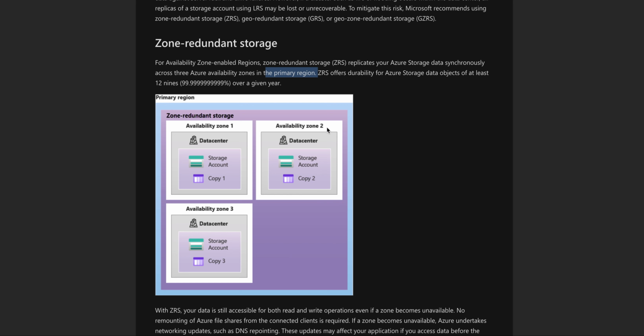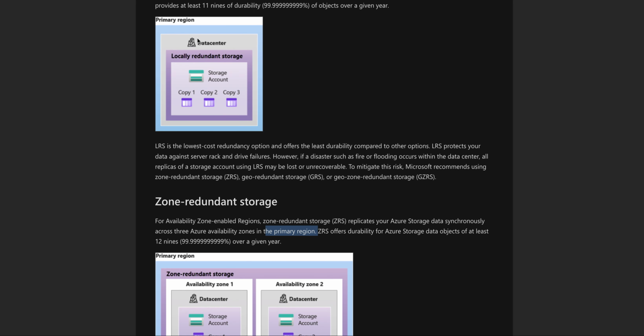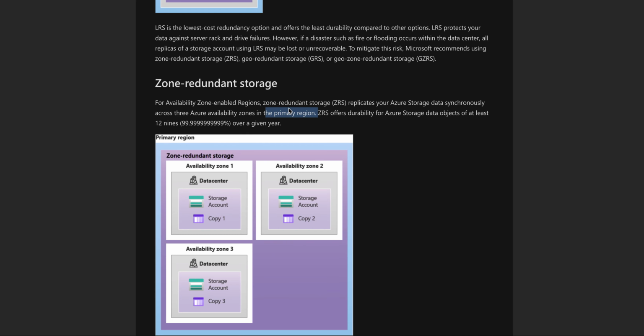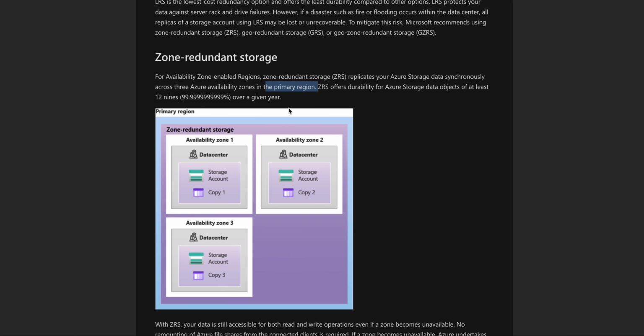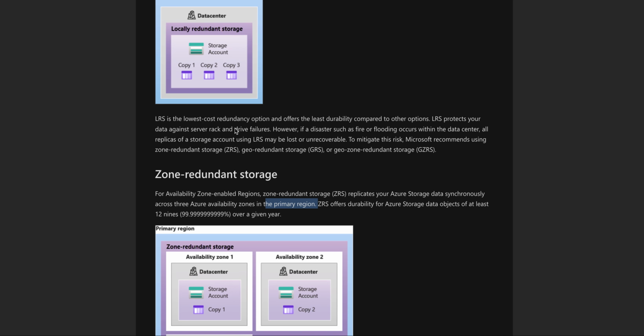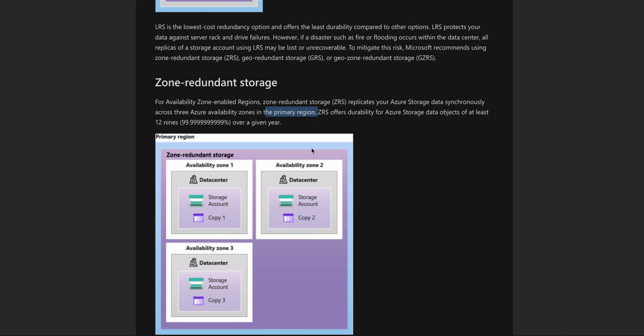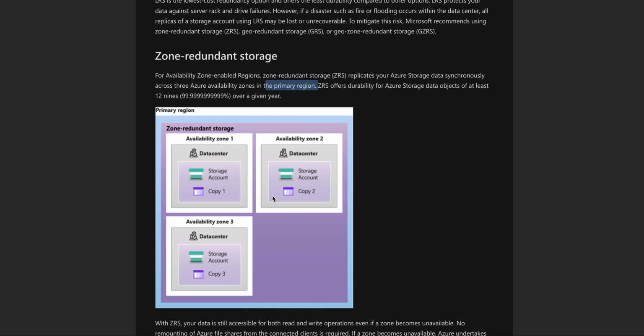So you have a primary region, a geographical region, and in that region you have 3 availability zones, and as seen in the picture, they are in 3 different data centers. So you're replicating the data in 3 different data centers.